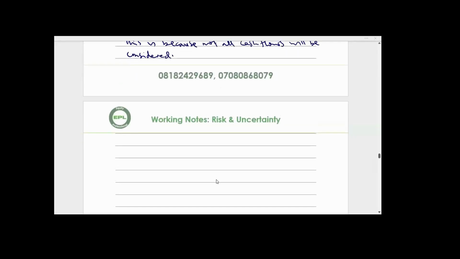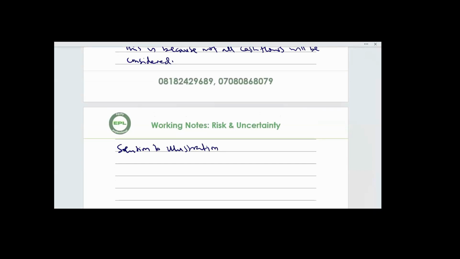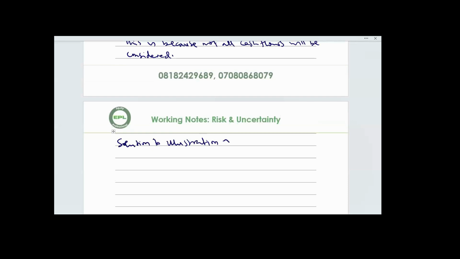Let me stop sharing this. Move to the working notes. So to do this, I would then say solution to illustration number 2, page 86.